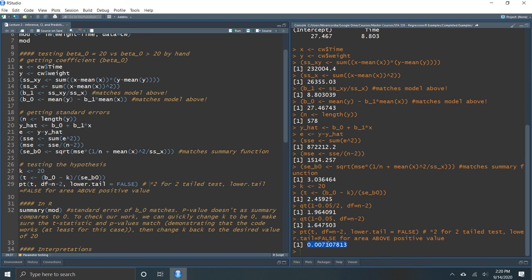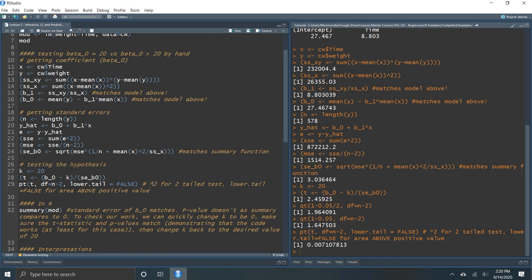So I find the p-value for a one-tailed test of beta 0 compared to 20, or being greater than 20, is p equals 0.007. So this is clearly less than an alpha of 0.05, so we would reject the null hypothesis.